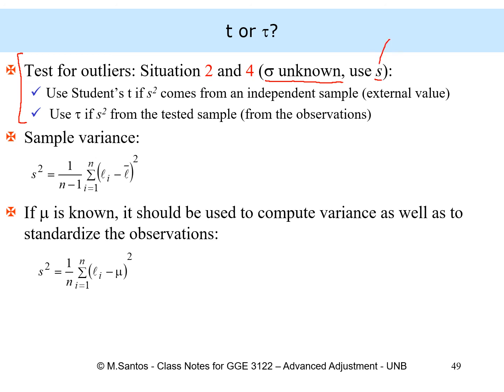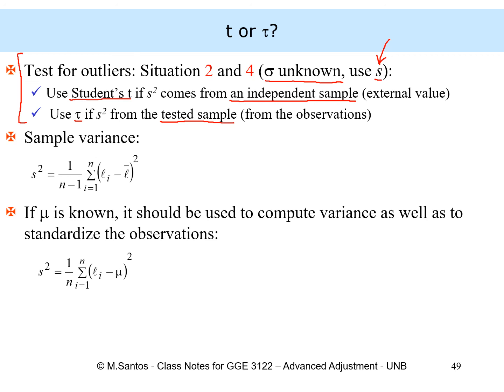Now, the sample standard deviation might have been derived independently from the sample that we are testing, or it might have been derived from the sample that we are testing. If it comes from an independent sample, we use the student's t distribution. If it comes from the tested sample, so from the observations that we are testing, we use the tau distribution.